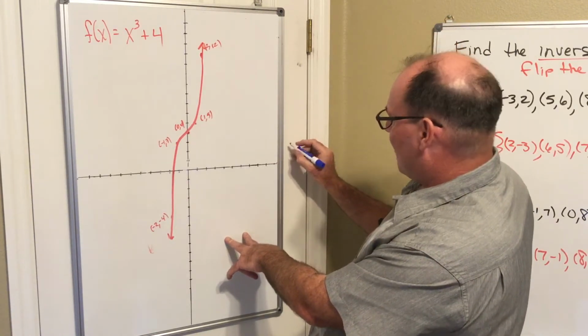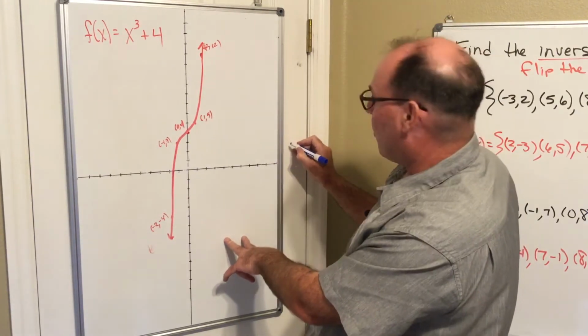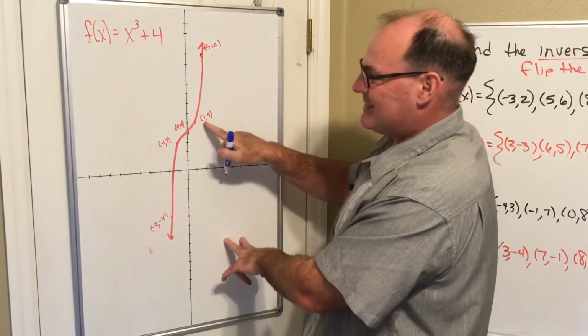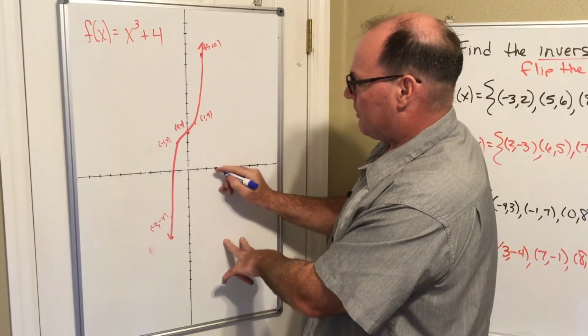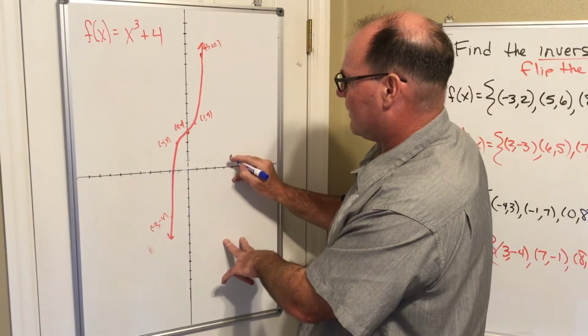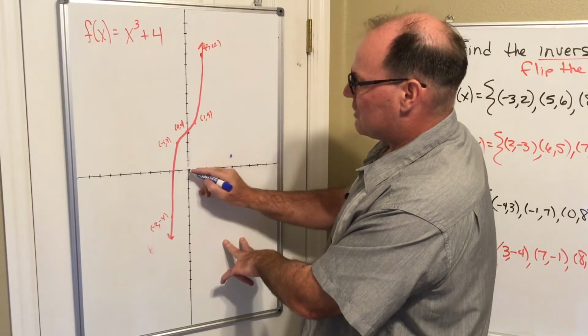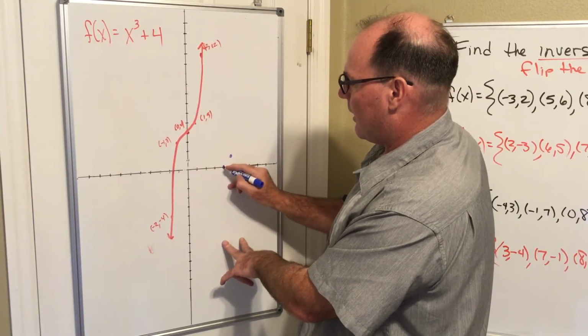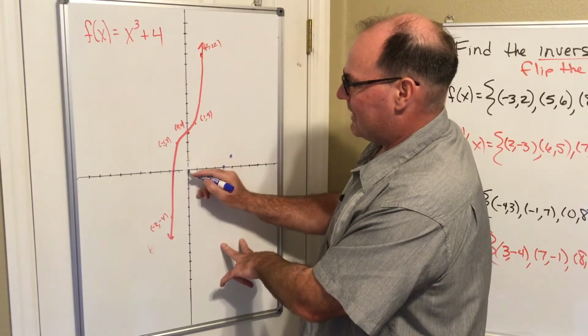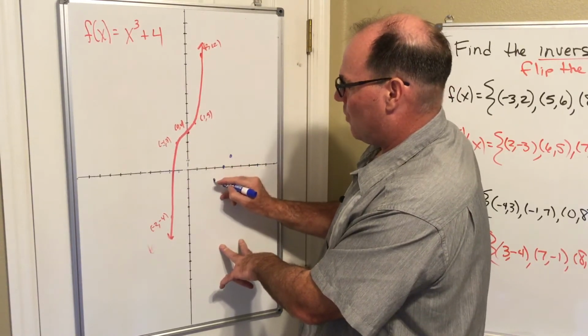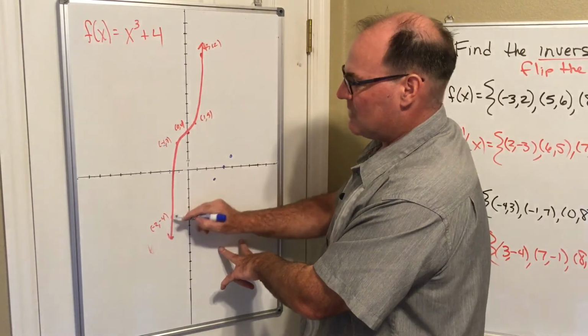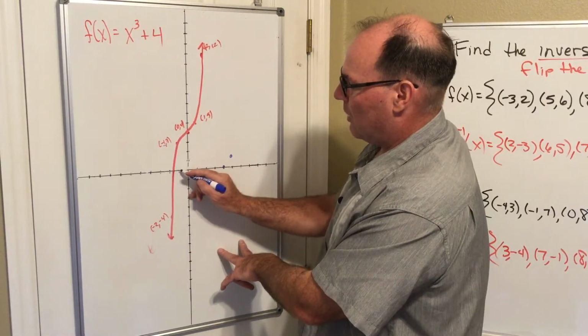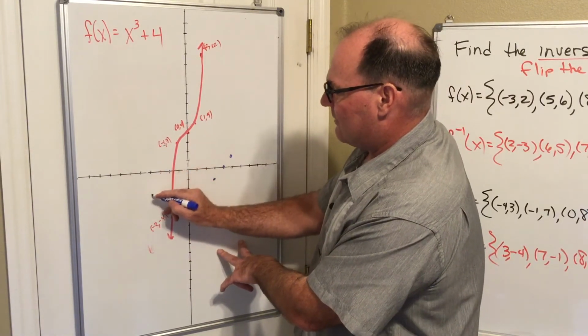So it's going to be somewhere right about here on my door. So we'll just remember that. Instead of (1, 5), it's going to be (5, 1). Instead of (0, 4), it's going to be (4, 0). Instead of (-1, 3), it's going to be (3, -1). And instead of (-2, -4), it's going to be (-4, -2).